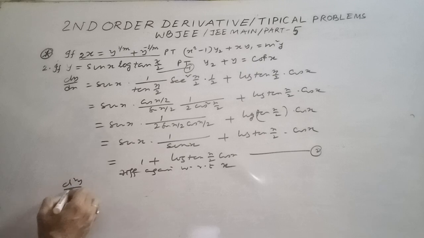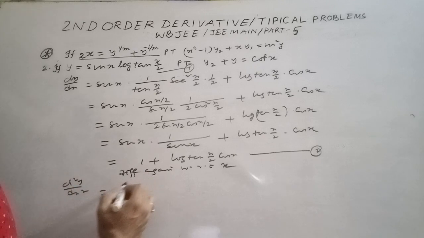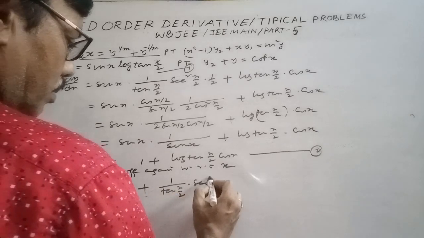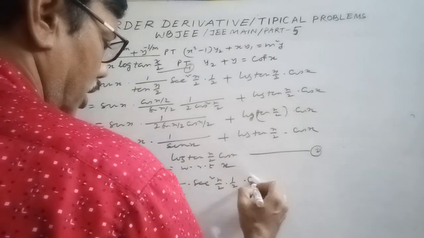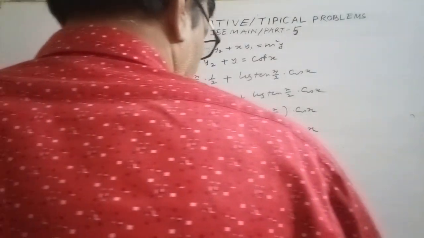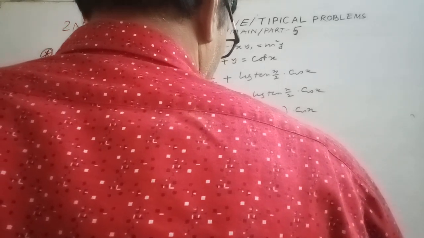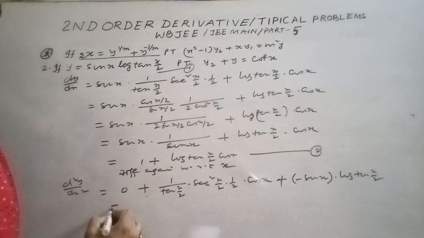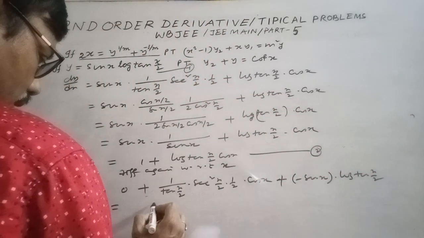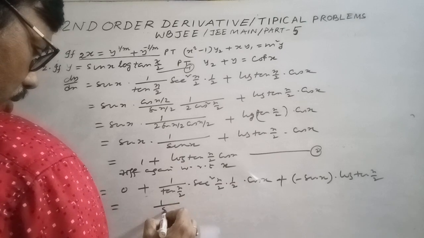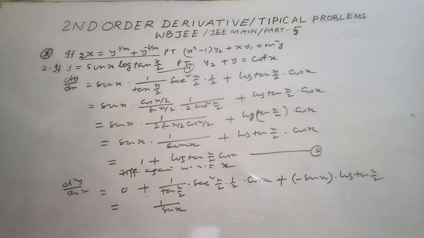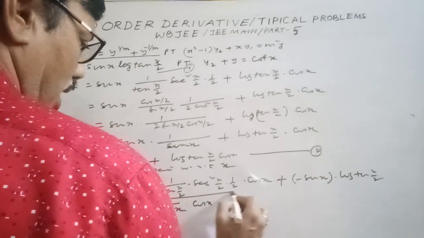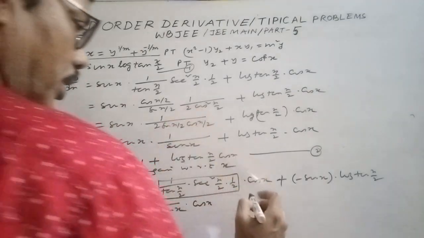So d²y/dx² equals the derivative of 1, which is 0, plus 1/tan(x/2) sec²(x/2) into half into cos x, plus minus sin x into log tan(x/2). That first part is 1/sin x, and cos x unchanged, so it is cos x/sin x; we have already proved it.